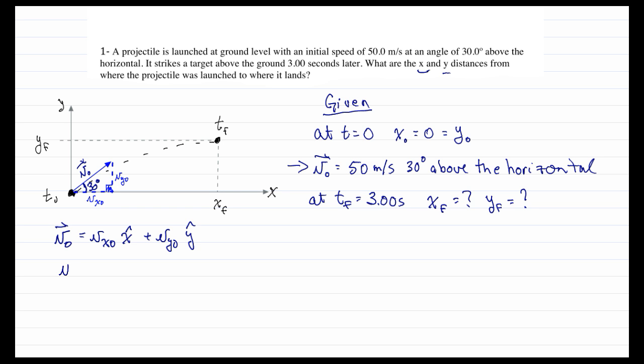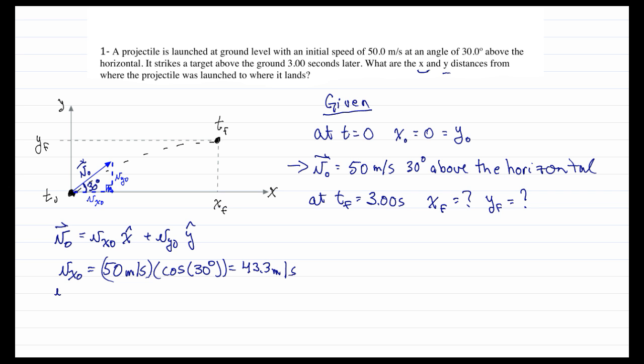Okay, well, Vx0 is just the magnitude of V0, or the speed, which is 50 meters per second, times cosine of 30 degrees. And plugging that into your calculator, you should find that to be 43.3 meters per second.